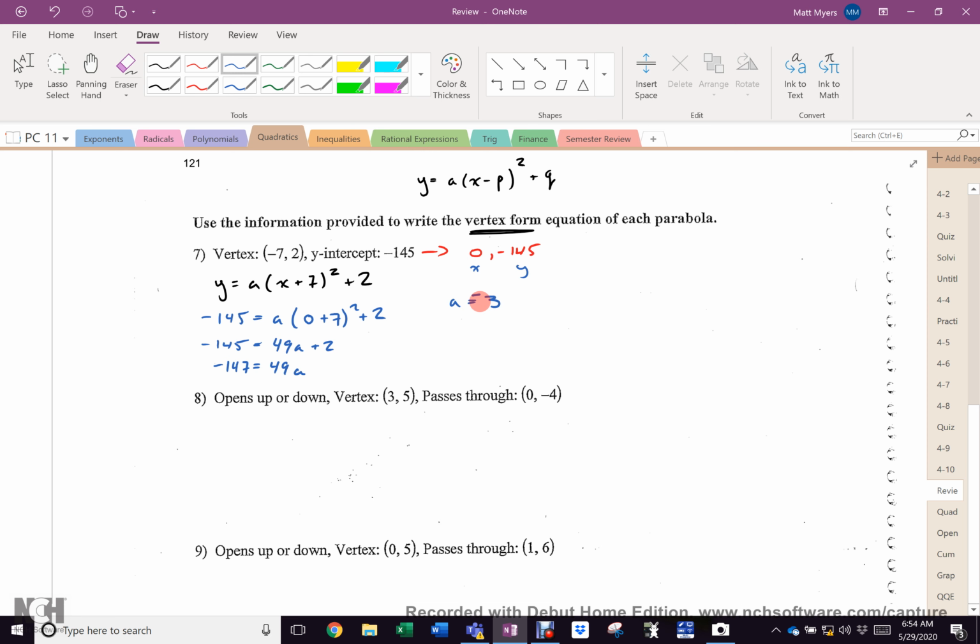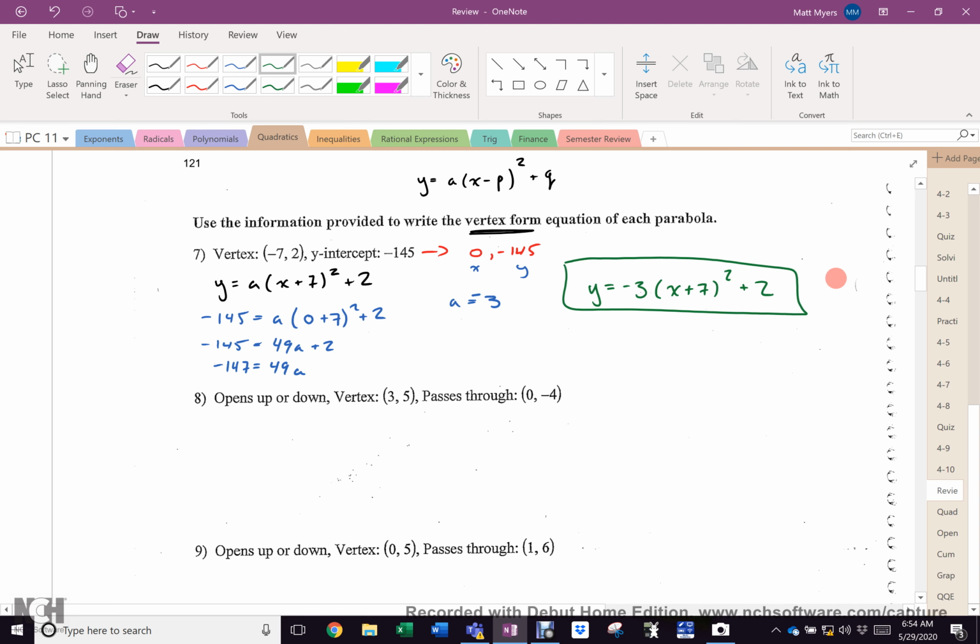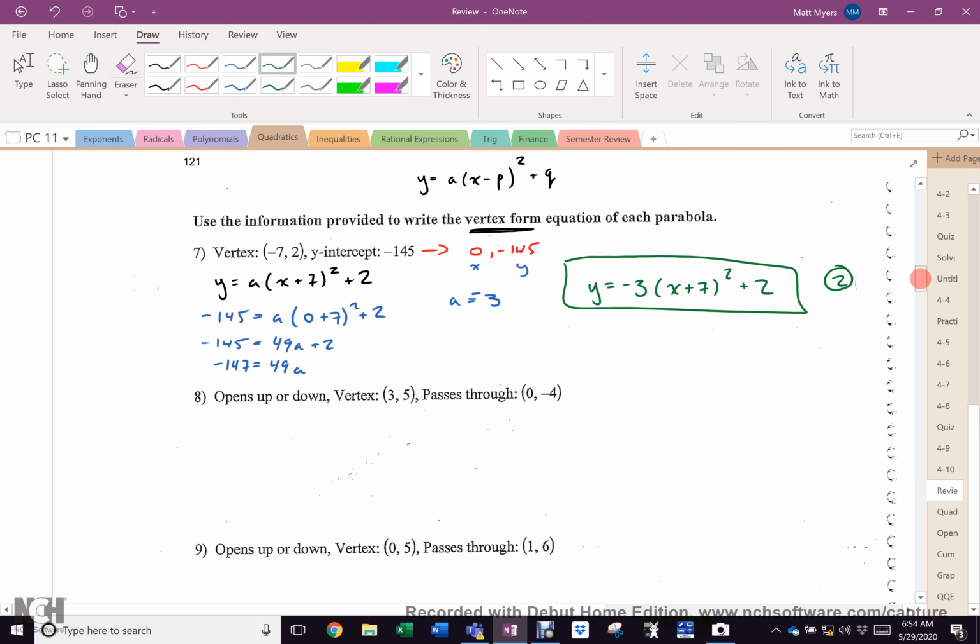So the vertex form final answer is y equals negative 3 (x plus 7) squared plus 2. That's worth 2 marks.